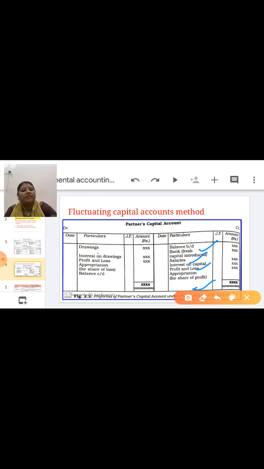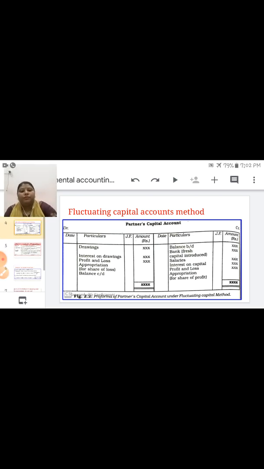If drawing is there, write down on the debit side, interest on drawing, profit and loss appropriation, share of loss. And at the end you have to do the balance and write down the balance c/d. So these are the two methods which you have to prepare.